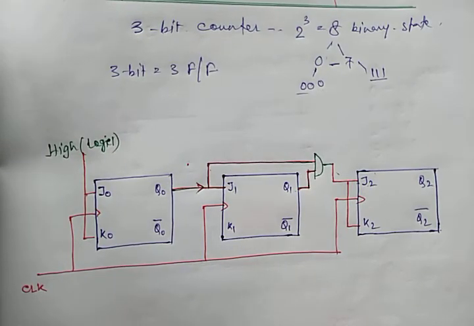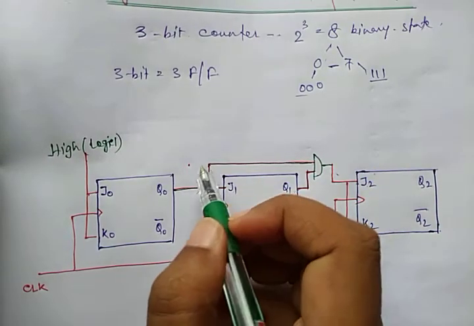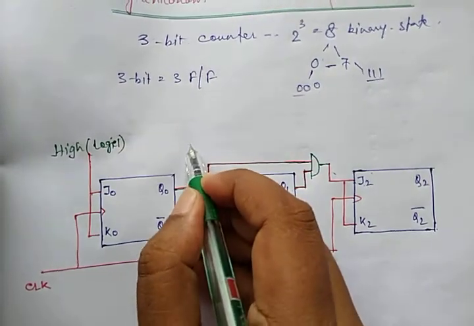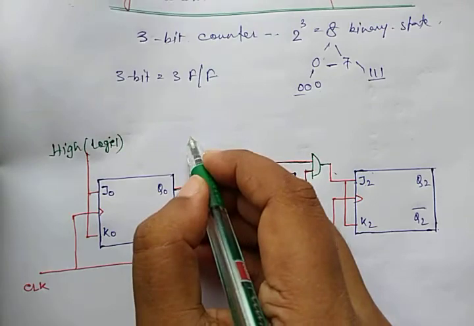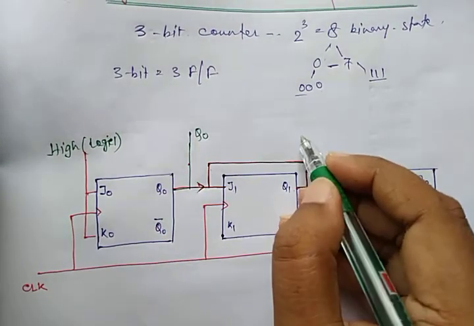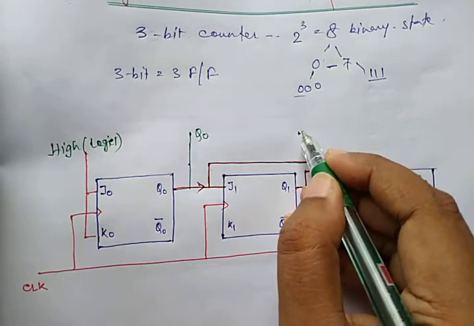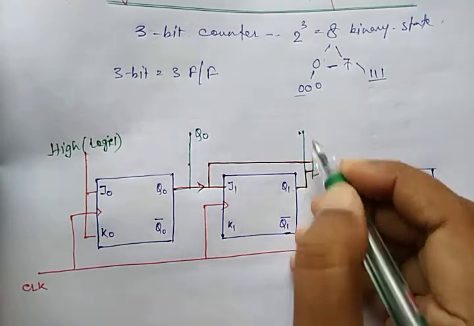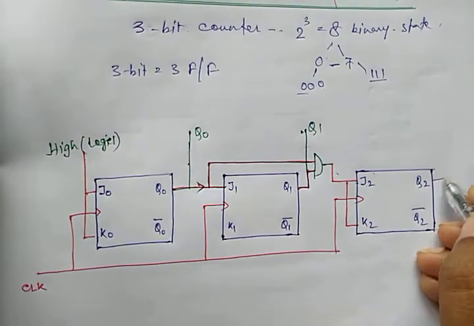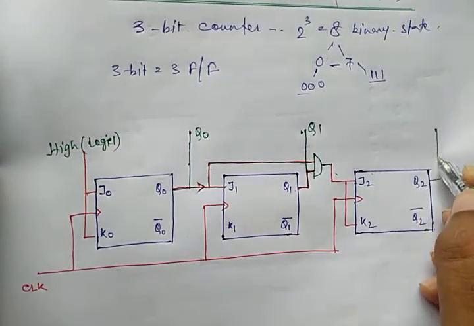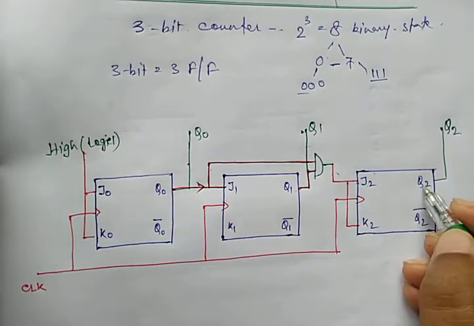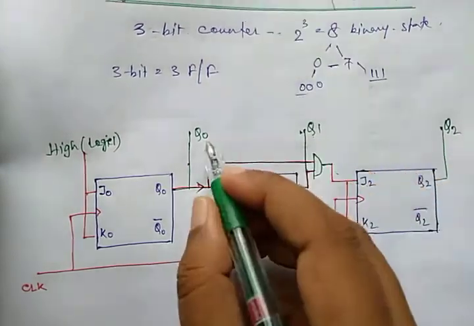This is a different construction from the 2-bit counter. For output purposes, we get the Q0 output, the Q1 output, and the Q2 output.